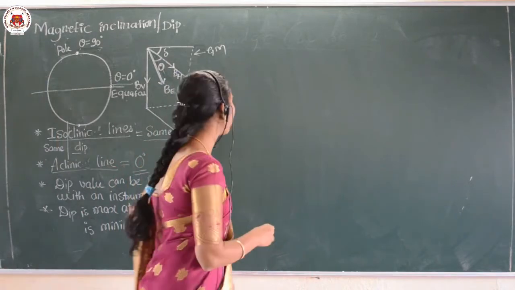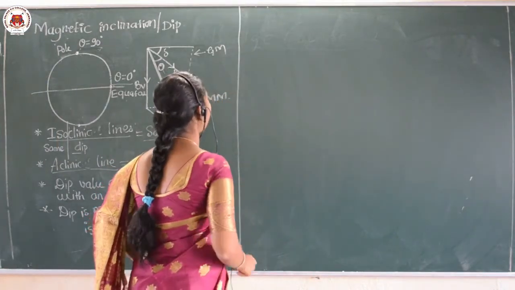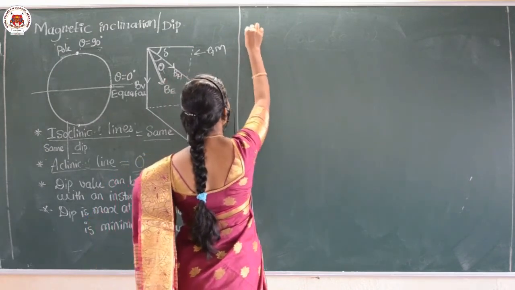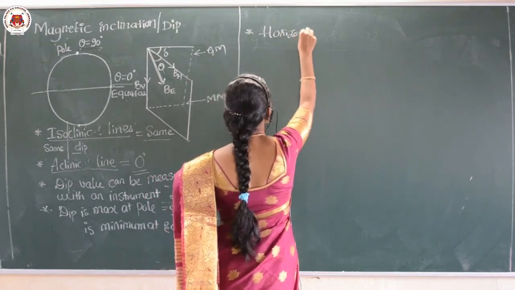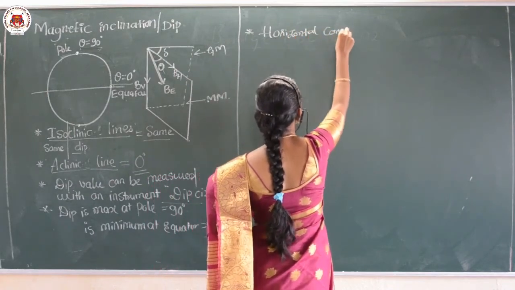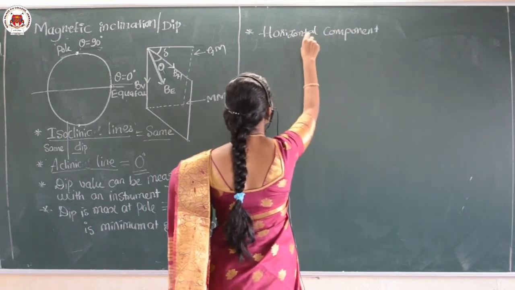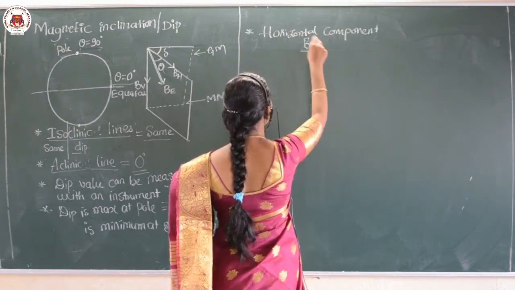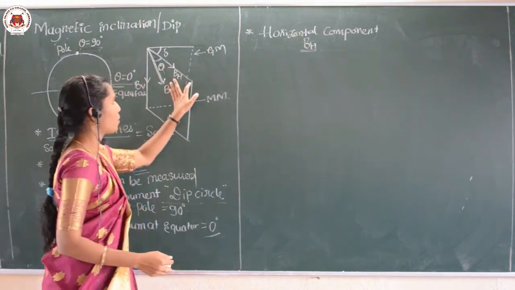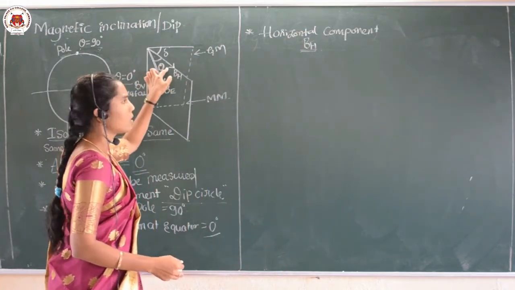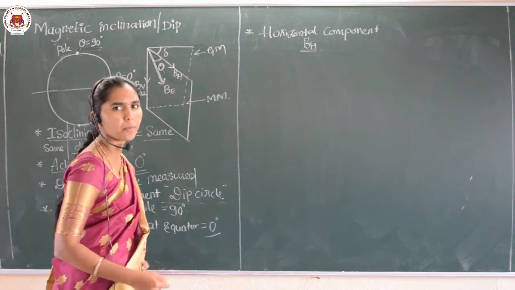Yes, let us move to the last element of the earth's magnetic field, that is the horizontal component. The horizontal component of the earth's magnetic field is denoted as BH. With the help of this diagram you can see the BH. What is the BH or the horizontal component?